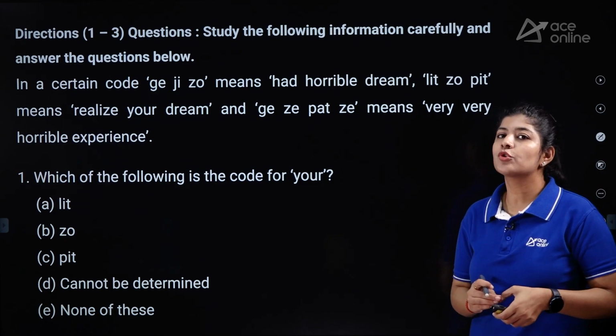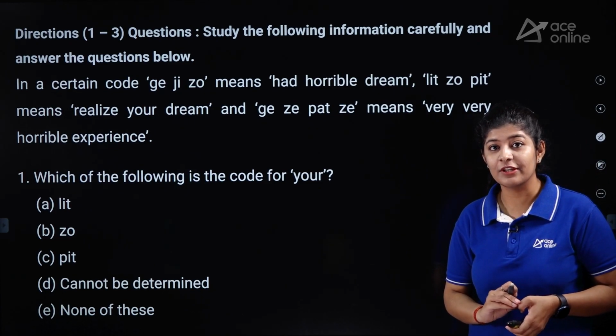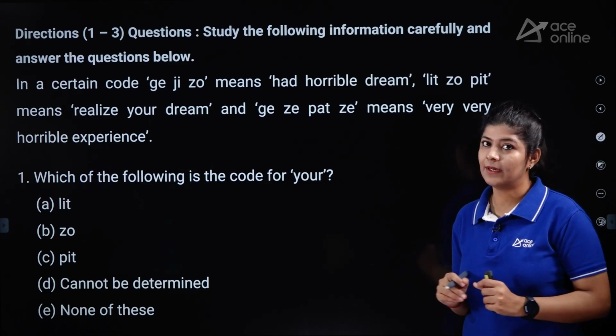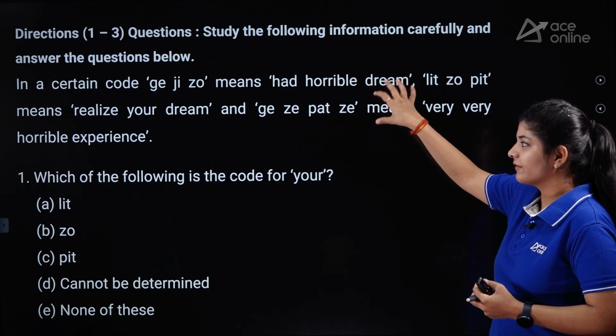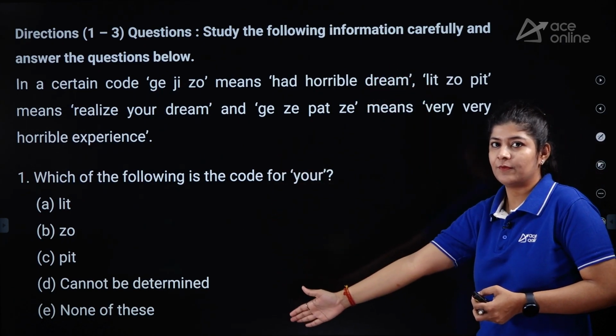Here, the question says study the following information carefully and answer the questions below. This is the information that we are having and we have to answer these types of questions.